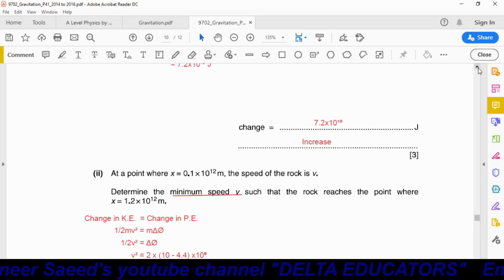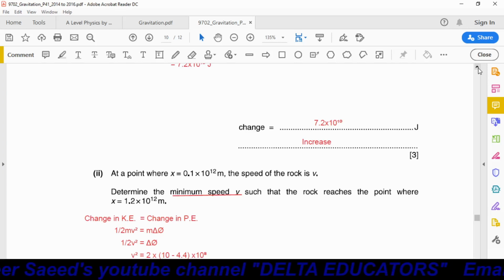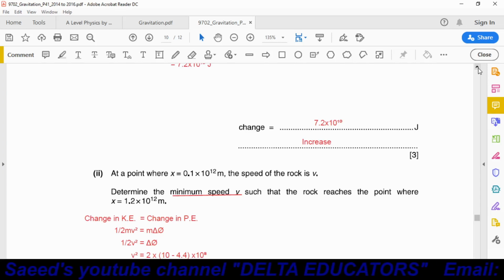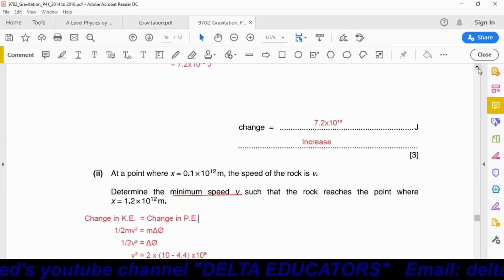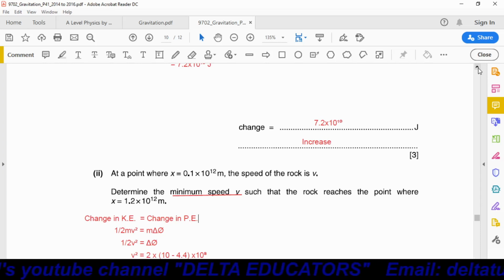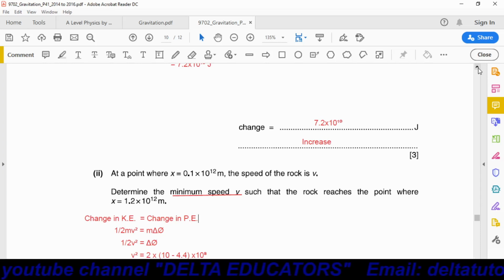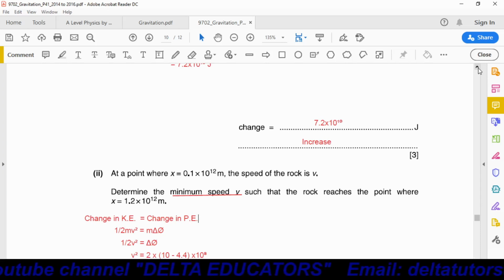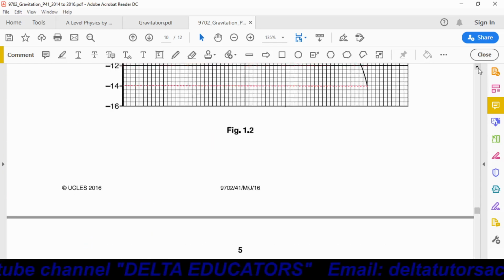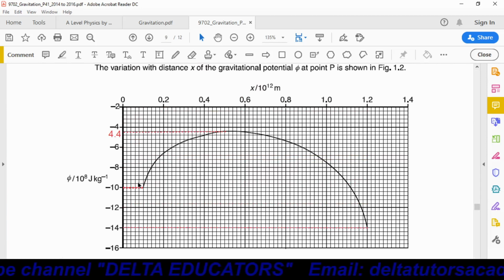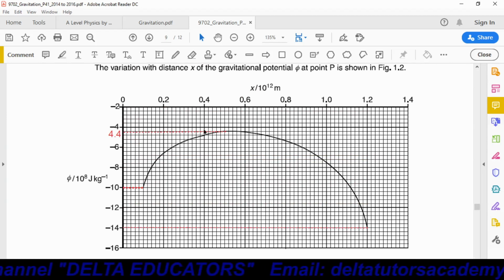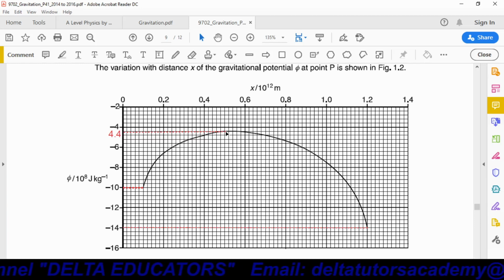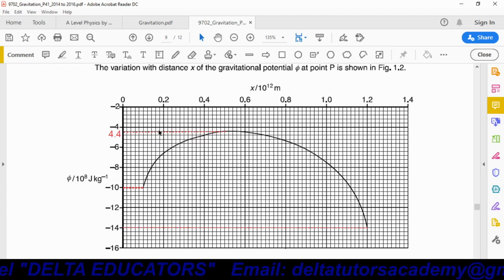Speed will be minimum when kinetic energy is minimum, and kinetic energy will be minimum when potential energy is maximum. So we have to calculate velocity when potential energy is maximum. From this graph we can see that potential energy is maximum at this point.